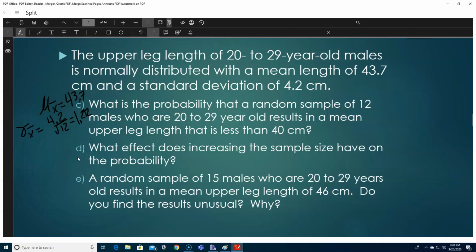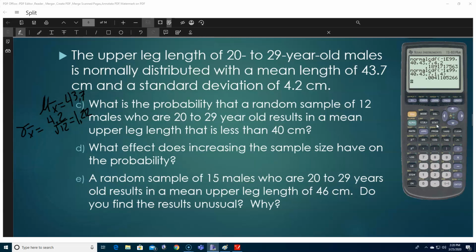So then we go to the calculator, figure out the probability. Distributions, normal CDF, -1E99, upper bound 40 centimeters, average 43.7, standard deviation 1.212.